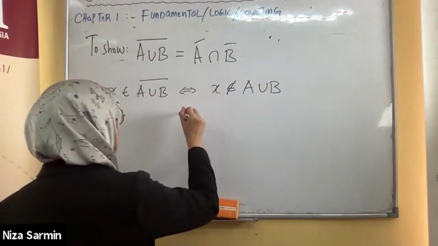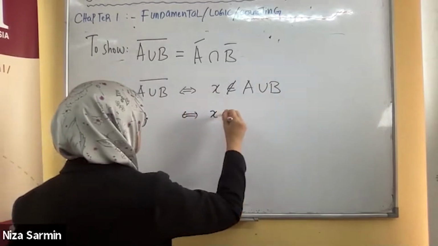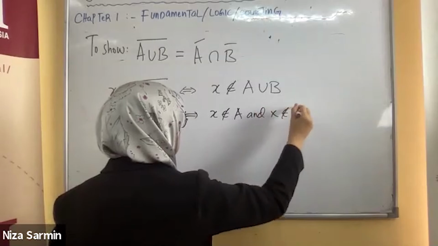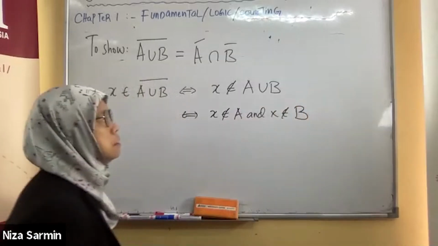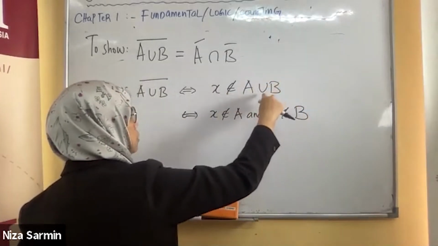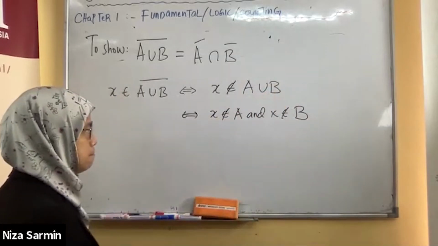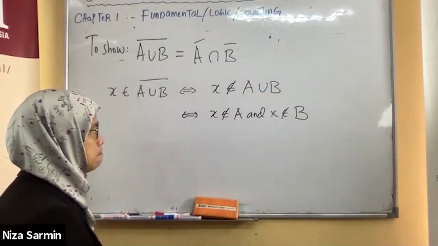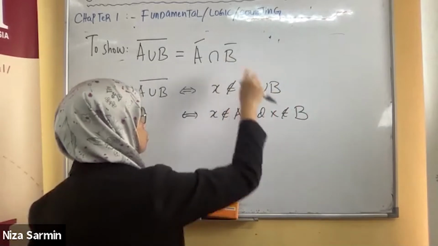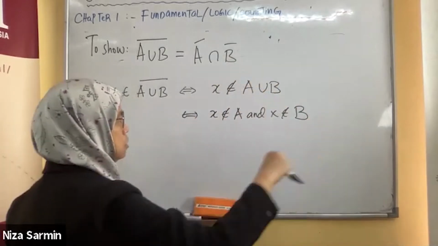And this is X is not in A and X is not in B. Because you go here, you change this into and. This is all, but there is not, so you change when you want to distribute.